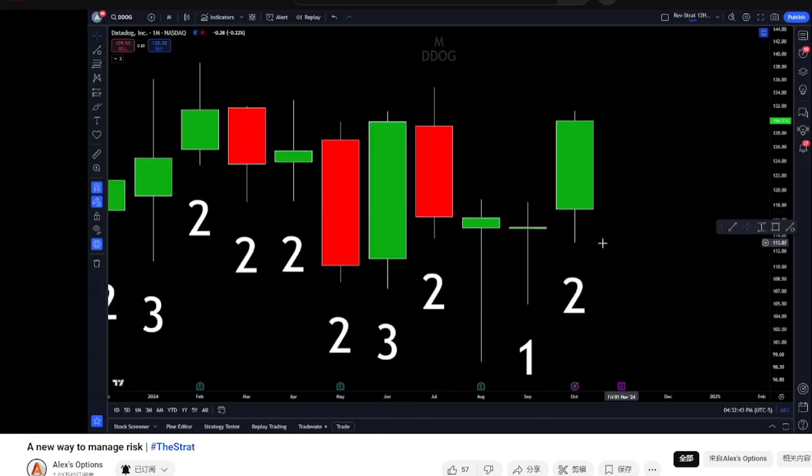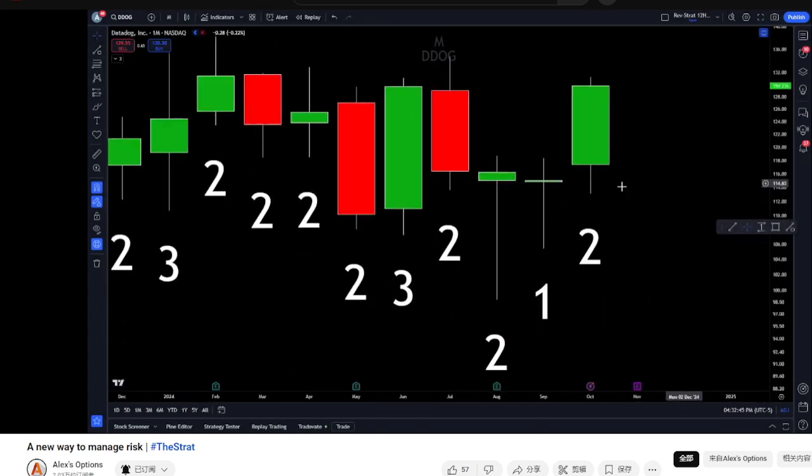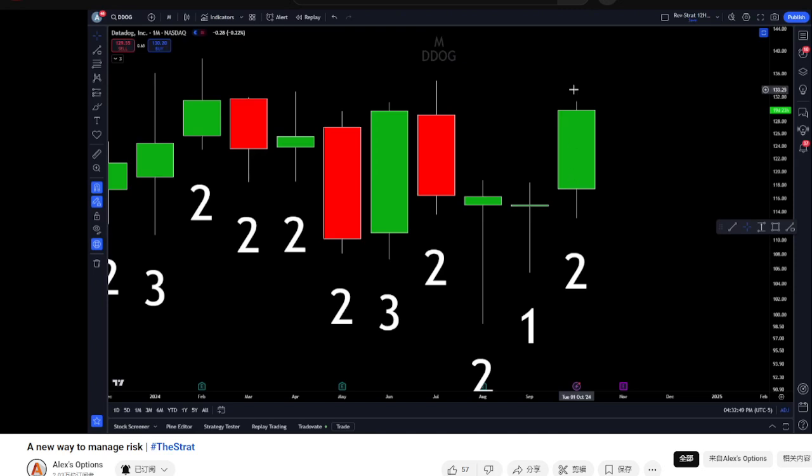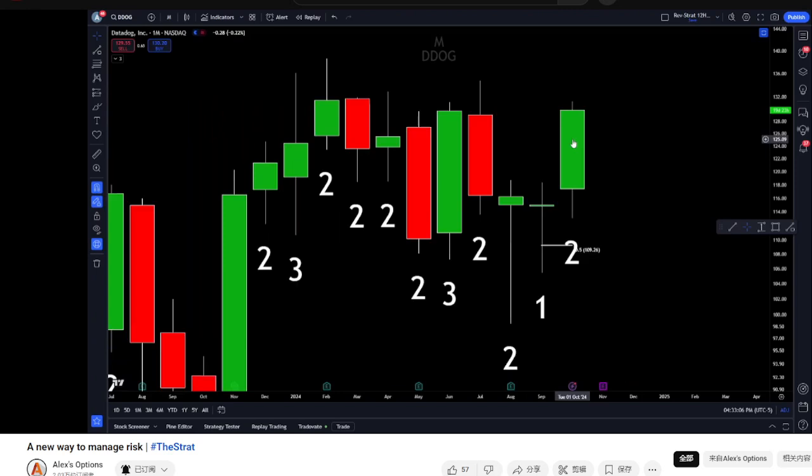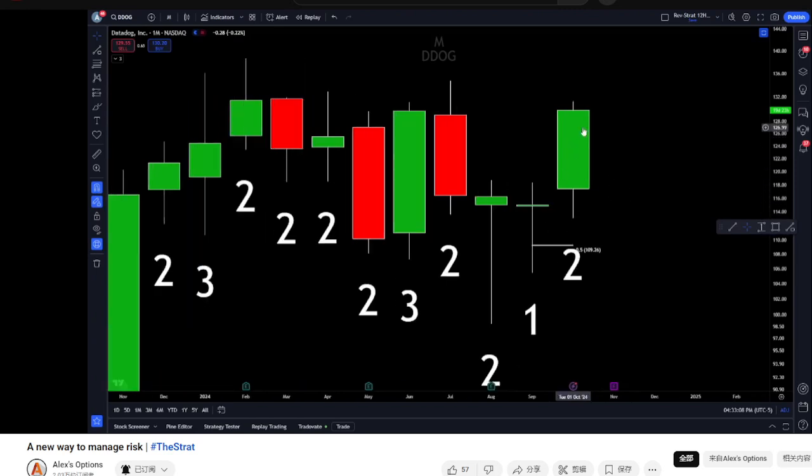On DDOG, this was the hammer inside bar, and then we look for that inside bar up. So our signal forms here, and we can use that same concept within here, where we can just buy it and look to have a stop down here, which obviously, yes, is going to be a wider stop, but then you don't have to worry about it. You just hold it all month and let it go, which is what we want to do. We want signals where we just buy it and then hold all month.